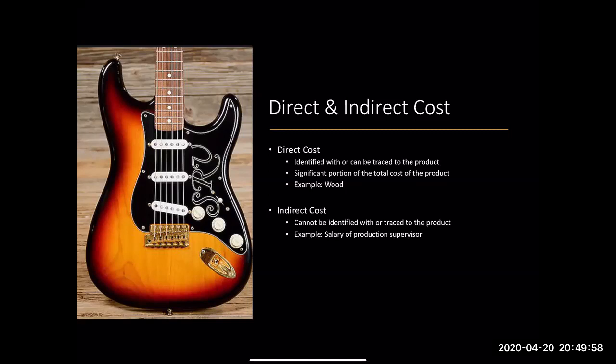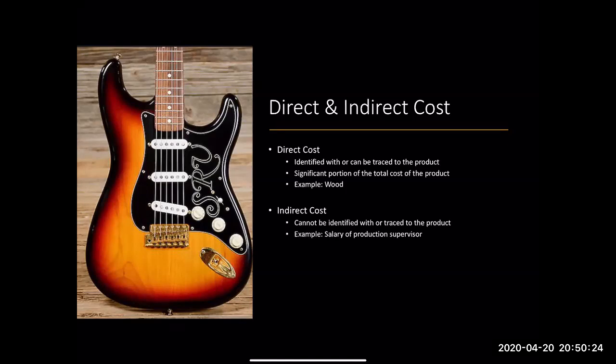Now, if we're looking at indirect costs, they cannot be identified or traced to the product. Some examples of an indirect cost is maybe the salary of the production supervisor. Now, let's not be mistaken. We need the production supervisor, right? Think of any supervisor. They're usually the ones figuring out the issues or the bottlenecks or the problems.